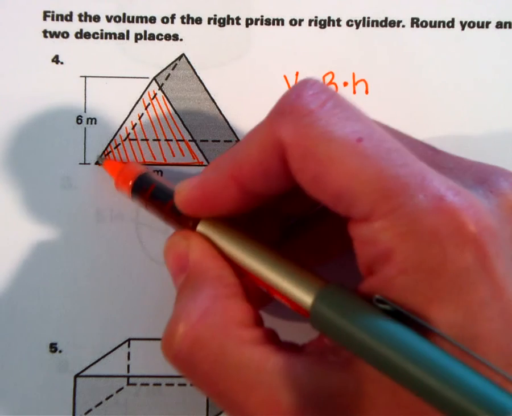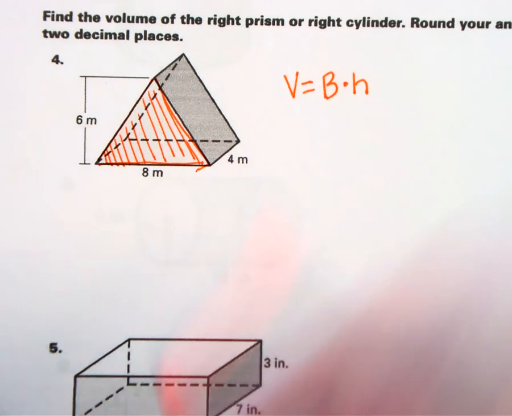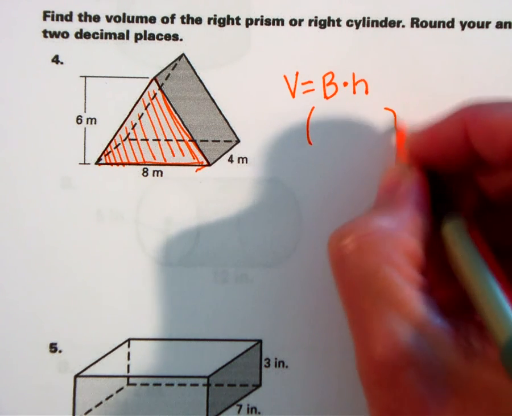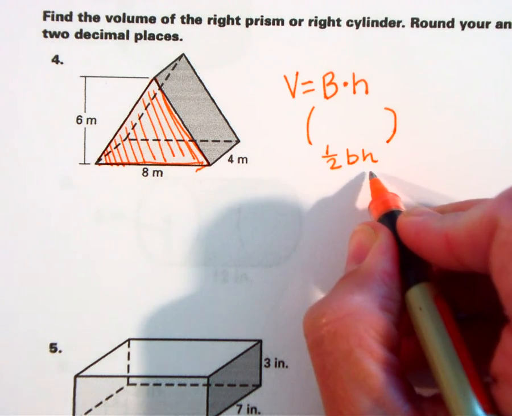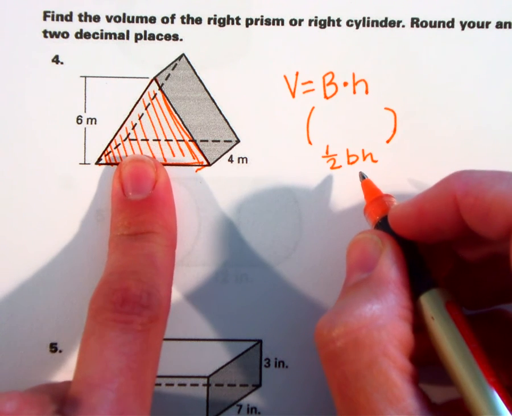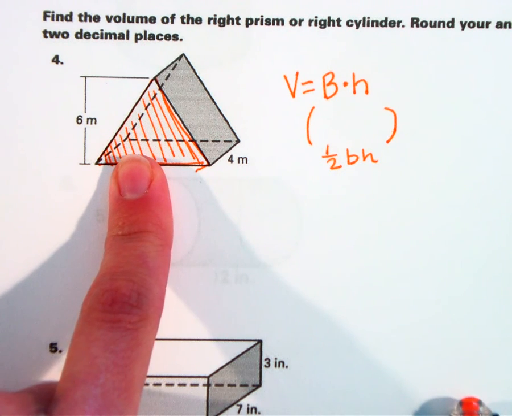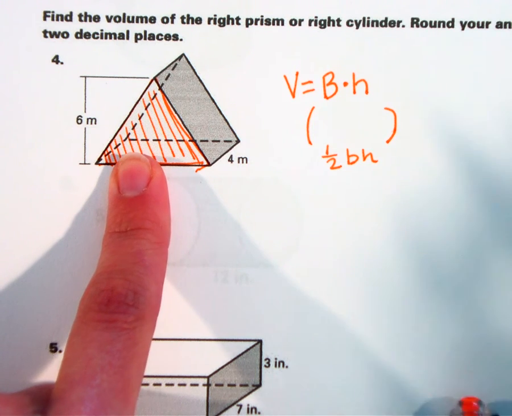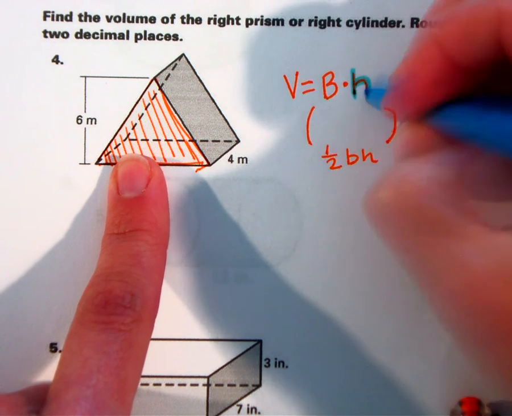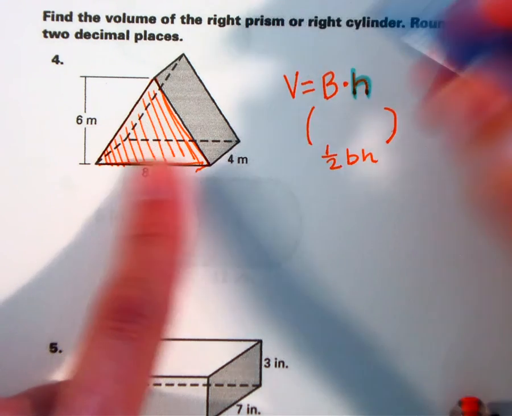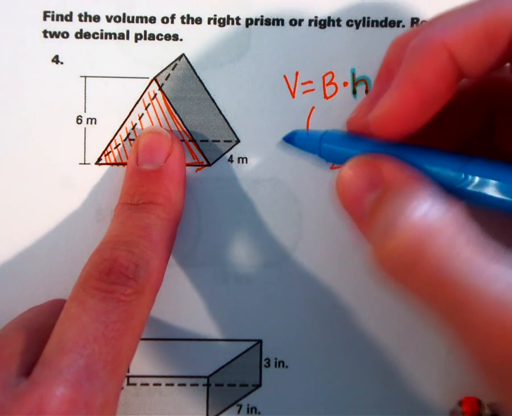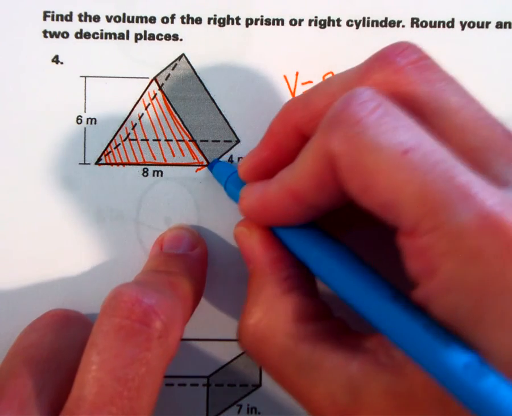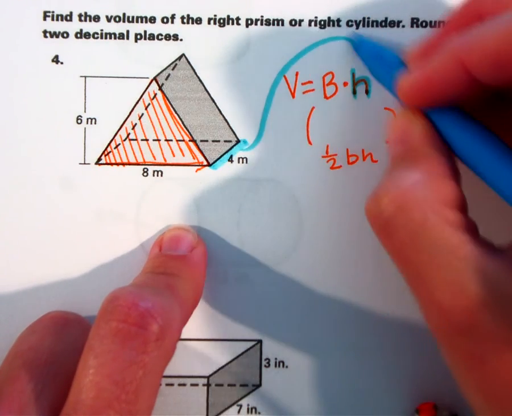That triangle there is the base, so you would have to use the triangle formula to find its area, and then multiply that times the distance between the two bases. I know this can be super tricky because usually you think of height as how tall something is when it's sitting on its base. This is not sitting on its base. It got tipped over.